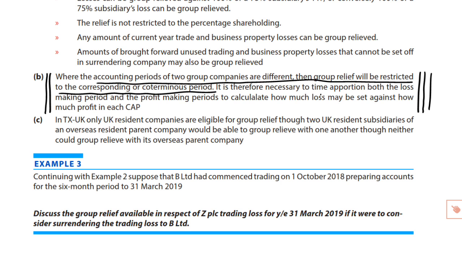It is necessary, therefore, to time apportion both the loss-making period and the profit-making periods to calculate how much loss may be set against how much profit in each chargeable accounting period. That's the theory. Let's have a look at the practical application of that now.